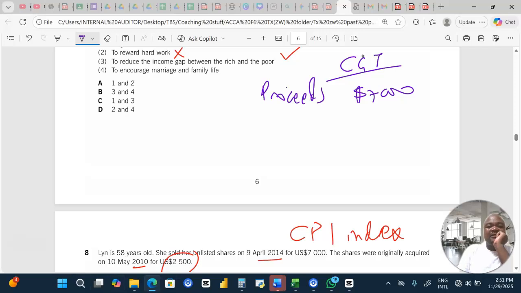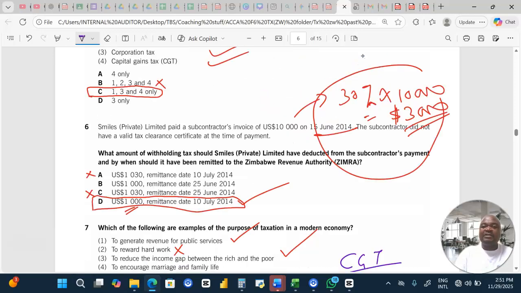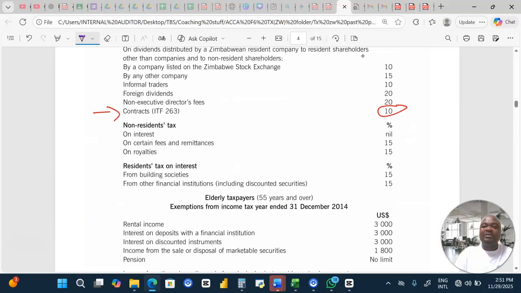And this person is an elderly person. Elderly credit, the elderly credit. During this period, because the examiner will give you much of the information, you just have to go back to your tax tables. Okay, in this particular year, how much was given for elderly people?